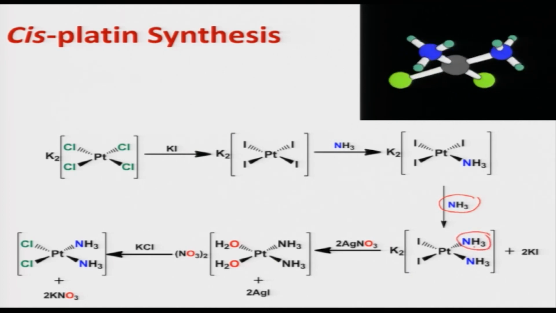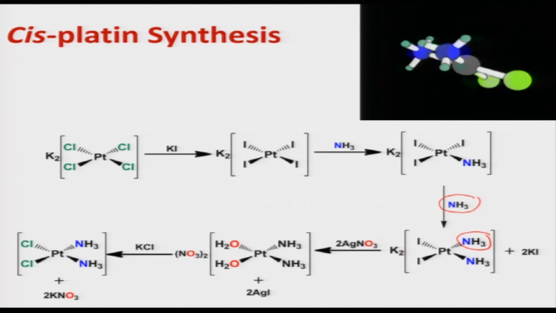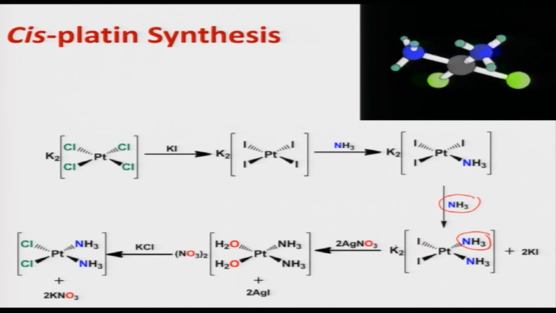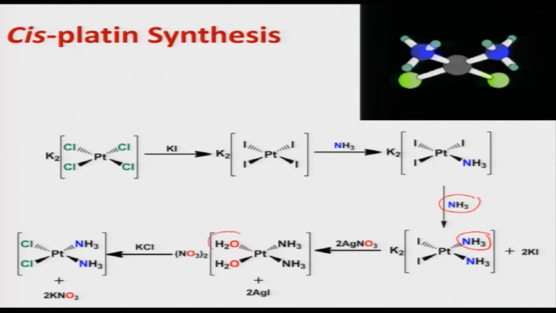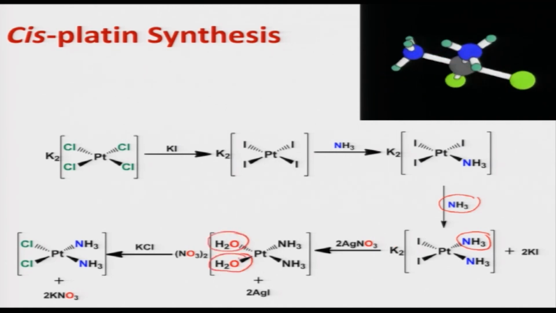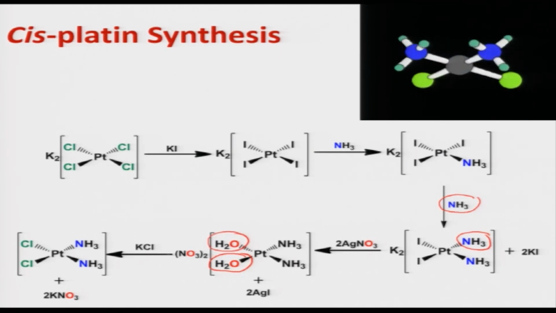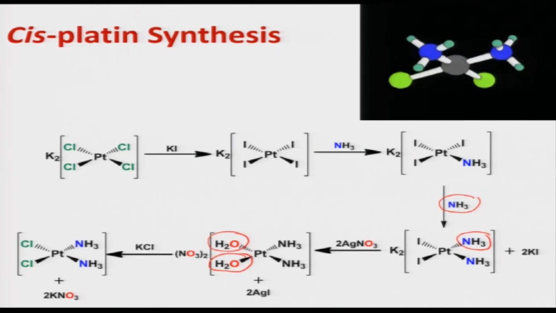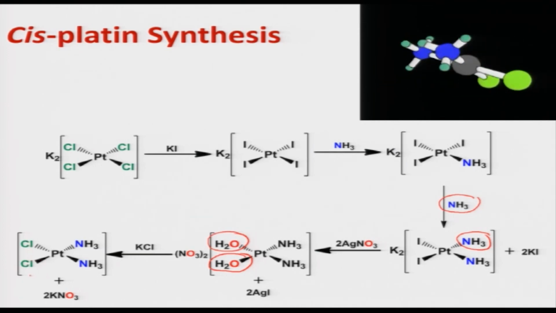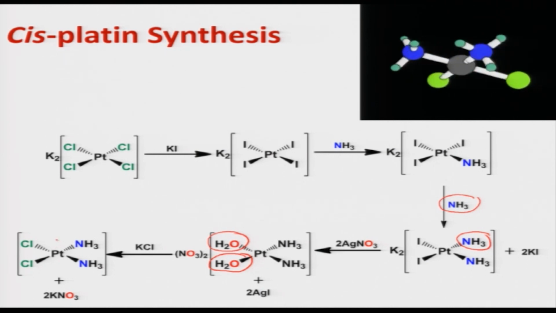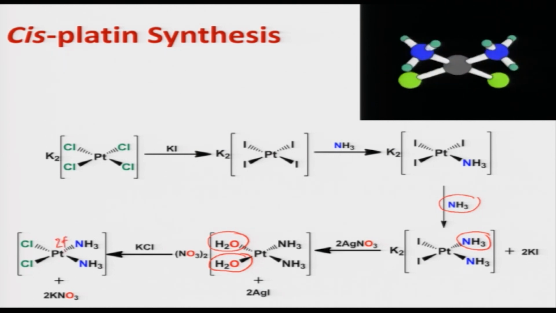Now, addition of silver nitrate precipitates AgI, and both iodides are replaced by water molecules as shown over here, and potassium chloride will then replace water to give the dichloro complex, which is indeed cisplatin, with platinum in the platinum 2+ state.